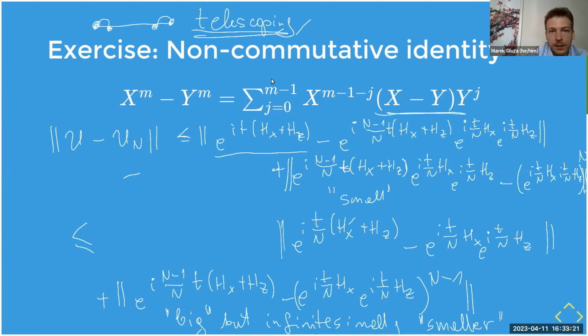And then I could repeat this again. So I will get this twice and I will get minus 2 here. Then if I do it again, I will get 3 and 3 here. This is how induction works on paper. 4, 4, 4. And at some point I will get n here, n here, and n here, okay?